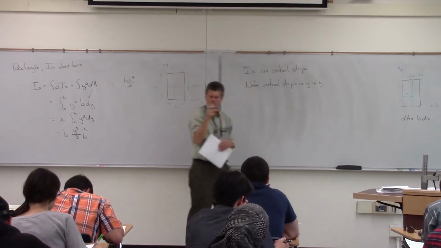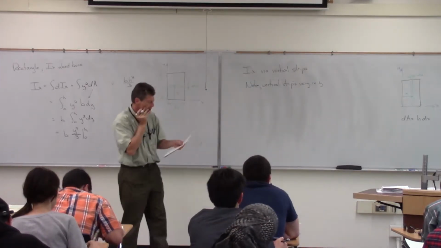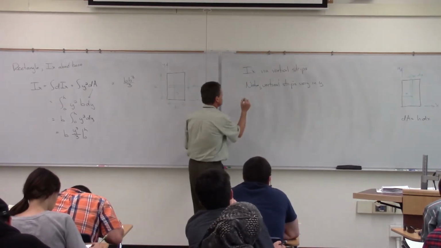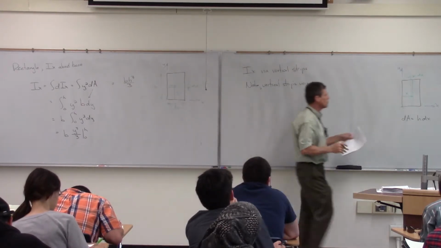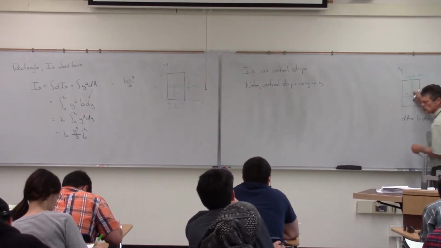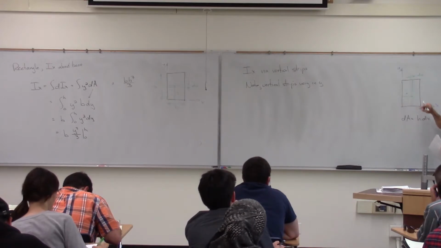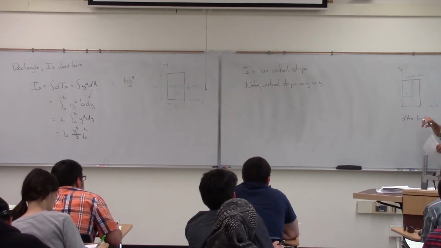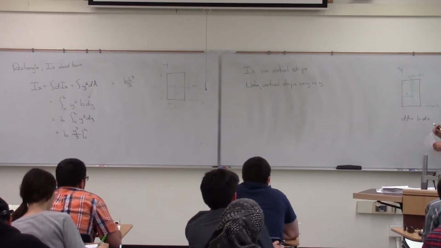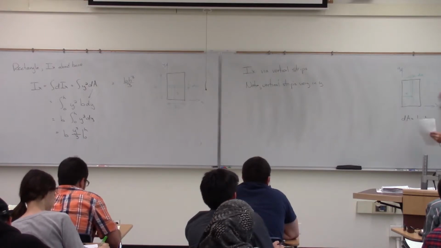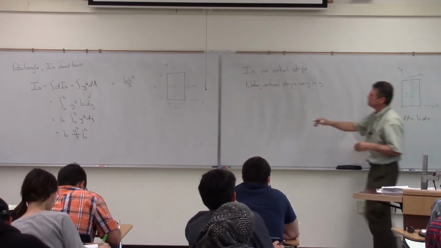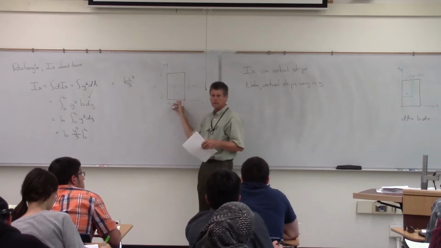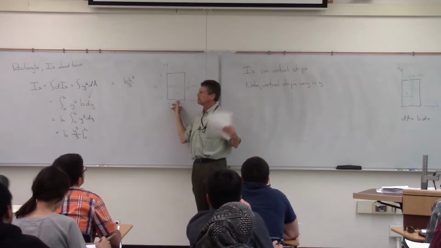So I can't just simply go in and plug that in. What I need to do is think about what this strip looks like. What does that strip look like? Is it a circle? It's a rectangle. I just did that over here, right? It's a big fat one, but that's a thin one.